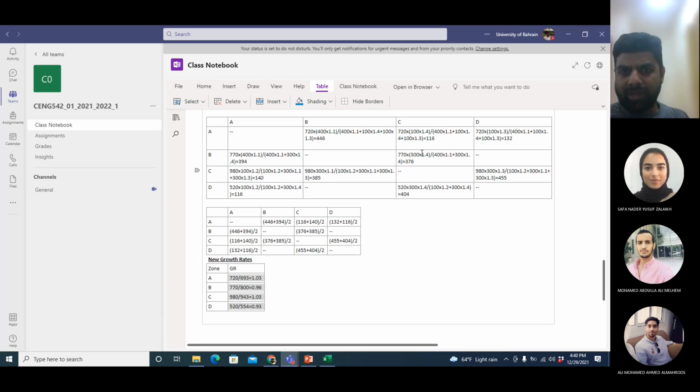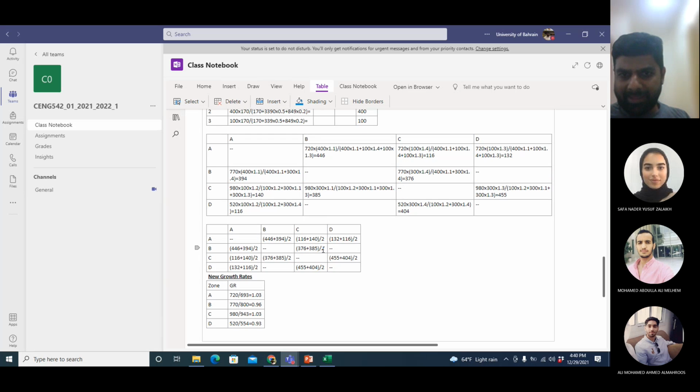So you will do this step and this step one more time. In the new iteration, the numbers for origin destination should be taken from this table, and the growth rates should be taken from this table.